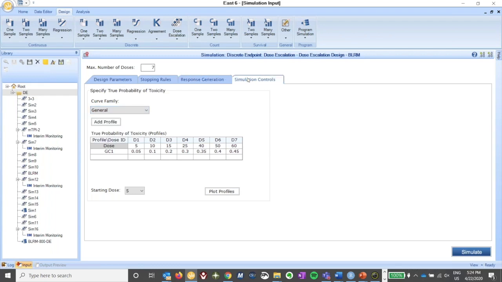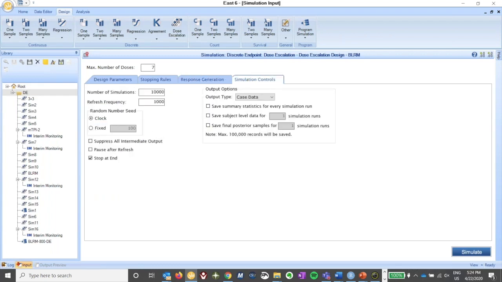Finally, this trial is going to be simulated 10,000 times, and we're going to be counting in each one of those 10,000 applications how often we detect the right MTD. So what I'm going to be showing you here are the actual outputs from the 5 different scenarios that we ran here.